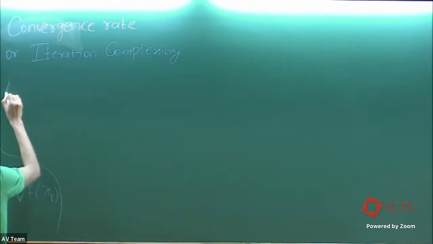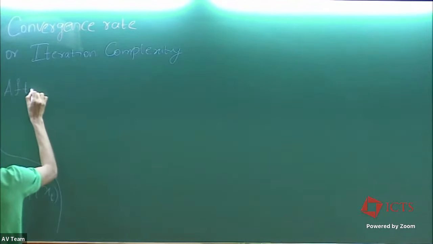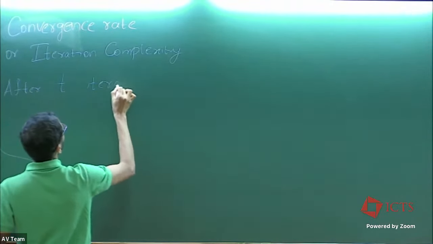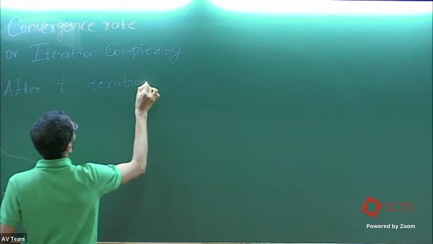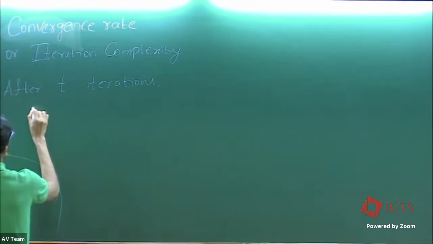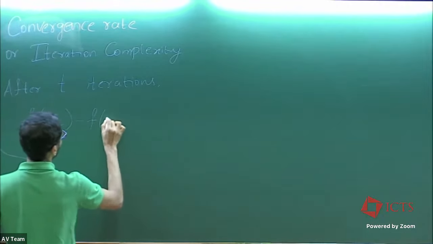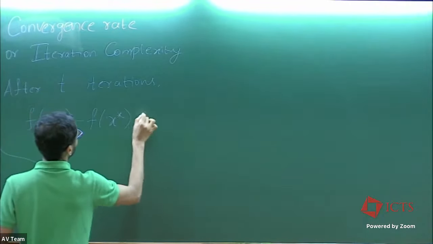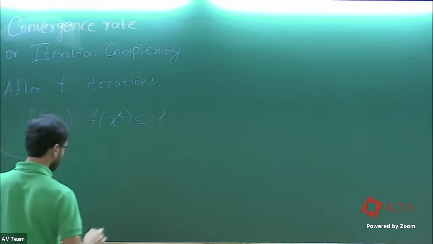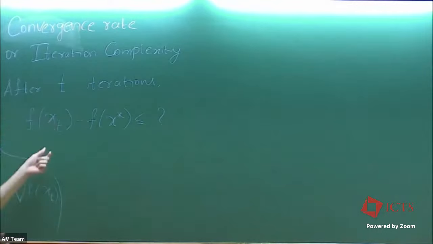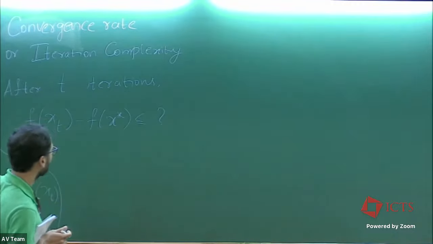Meaning that after t iterations, f of xt minus f of x star is less than or equal to what? We can think of different functional forms here. Ideally, we want to see that as t goes to infinity, we want this to go to 0, right? And this kind of tells us how it goes to 0.